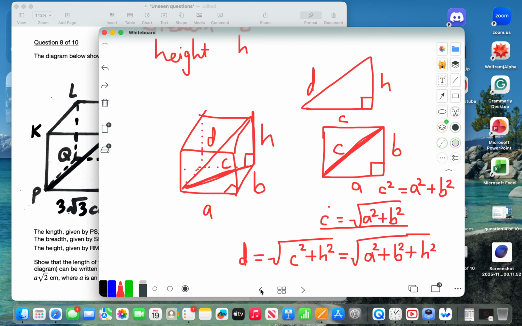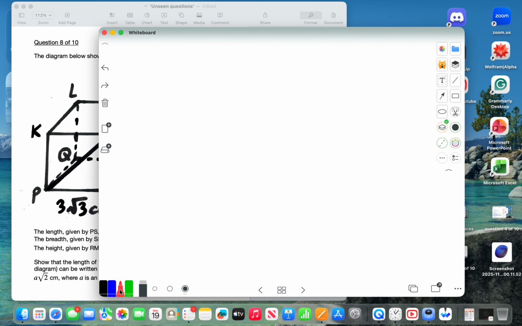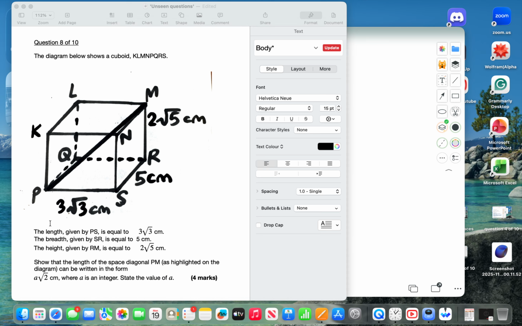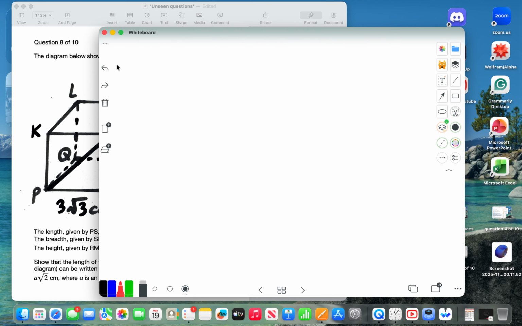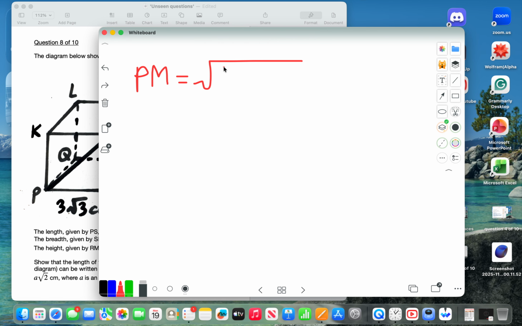But if we go back one, let's use it then. We'll call PM, and that is the square root of the length squared, and the length is PS.